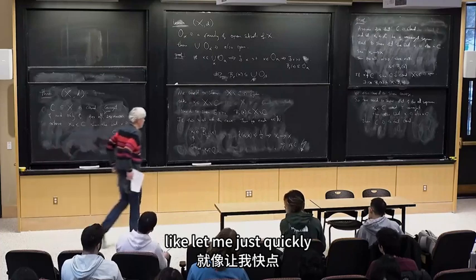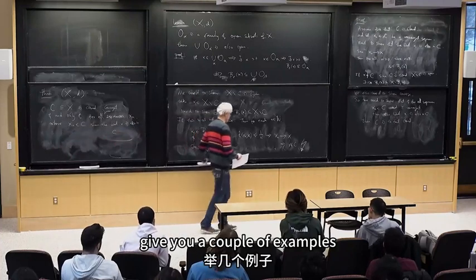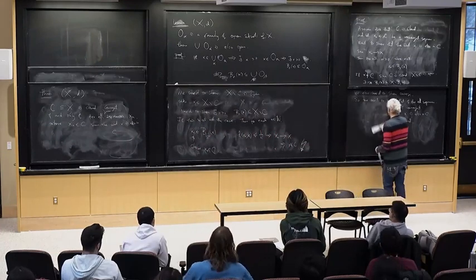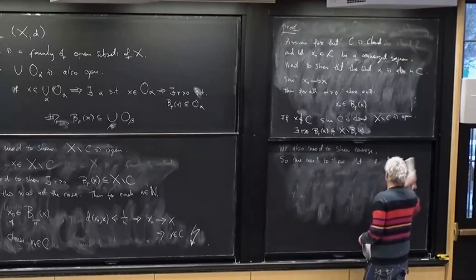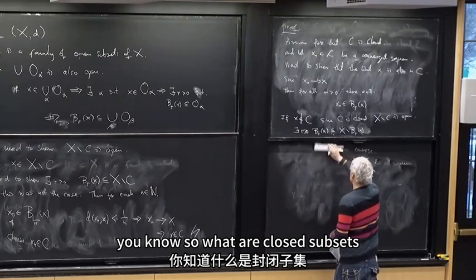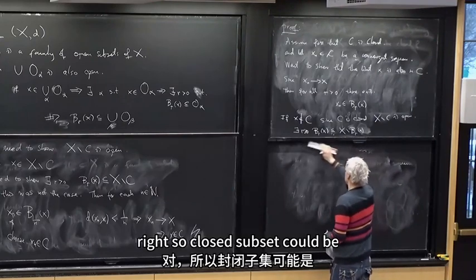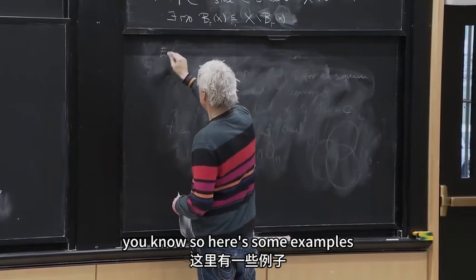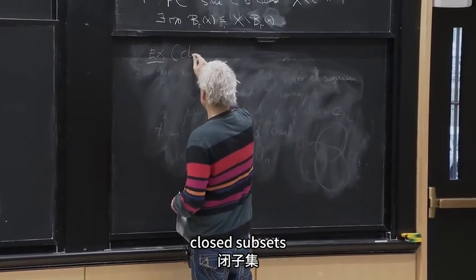Let me just quickly give you a couple of examples. Probably should have done that already. If you're looking at, so what are closed subsets? Here are some examples of closed subsets.